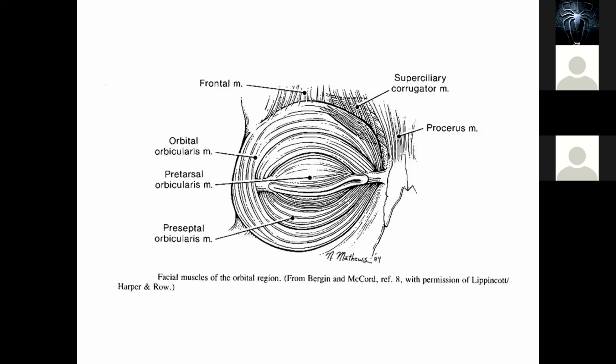All right. So this is a diagram that is showing how the various muscles in the eyelid are arranged. So we have the orbicularis oculi. It's more of a circular muscle here.